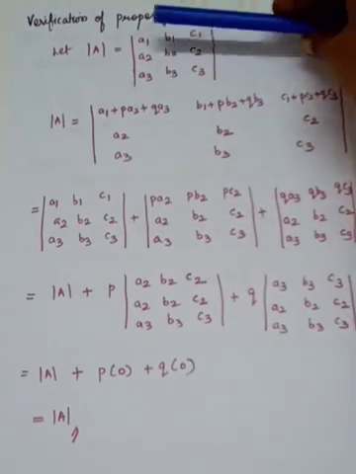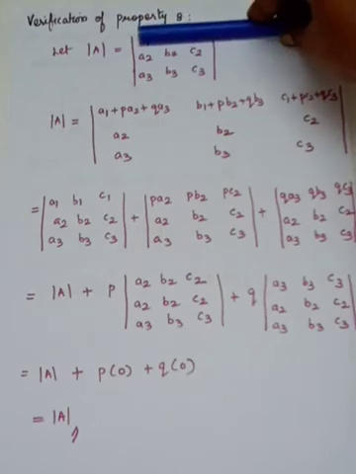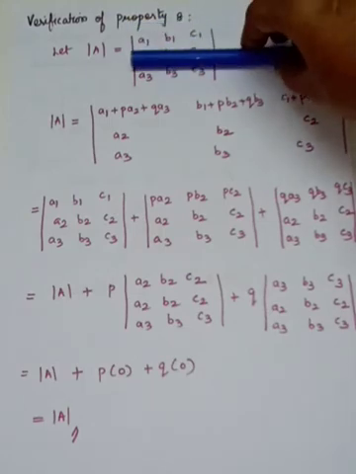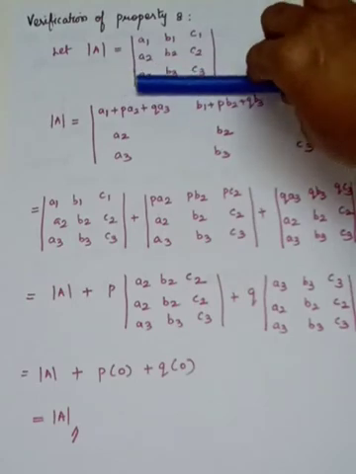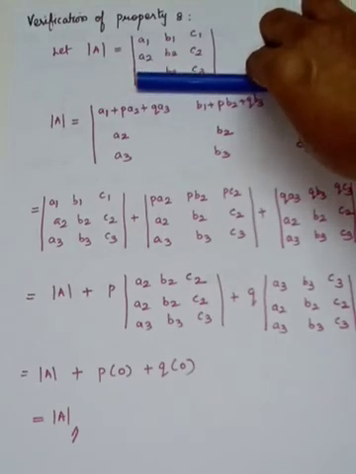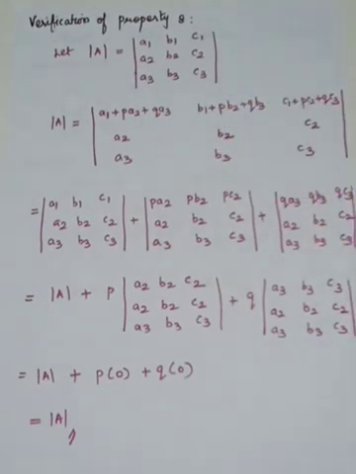So the first row elements are added with the second row and the third row corresponding entries. So before adding, we can multiply some scalar to the second row or third row. That property says we can add two or three rows, we can subtract two or three rows, or before adding or subtracting, you can multiply that row by the scalar.